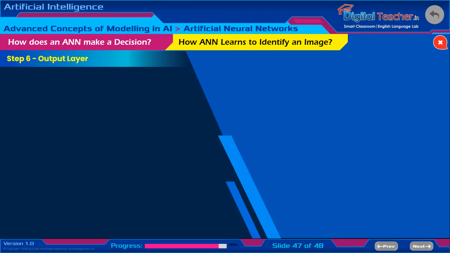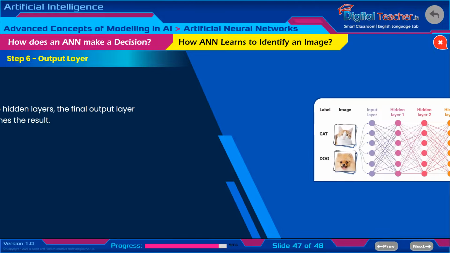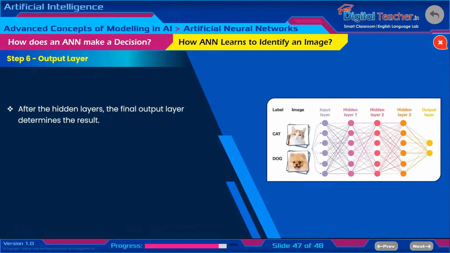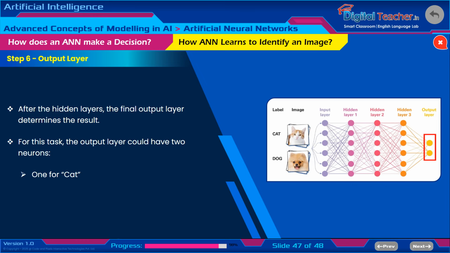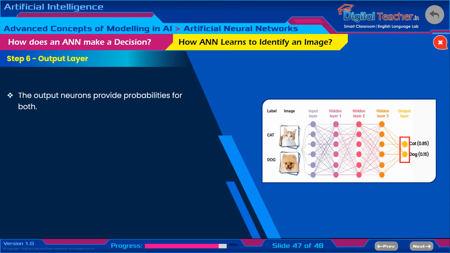Step 6. Output layer. After the hidden layers, the final output layer determines the result. For this task, the output layer could have 2 neurons: one for cat, one for dog. The output neurons provide probabilities for both.